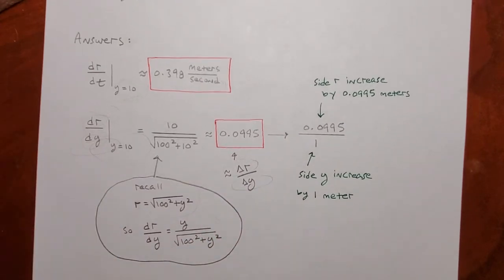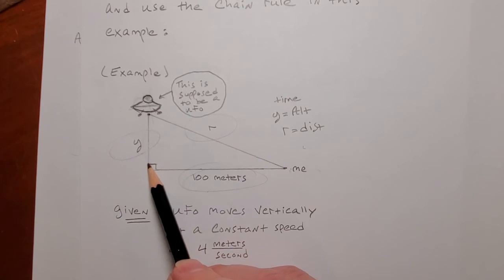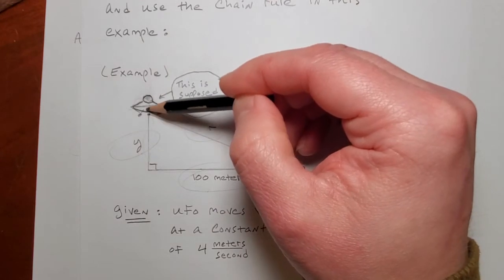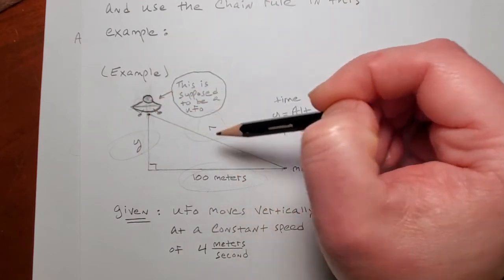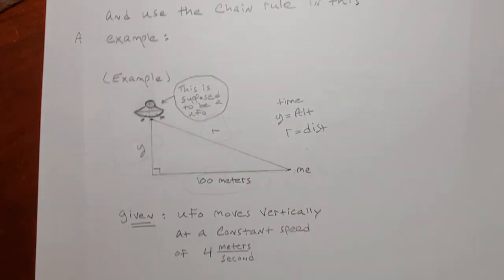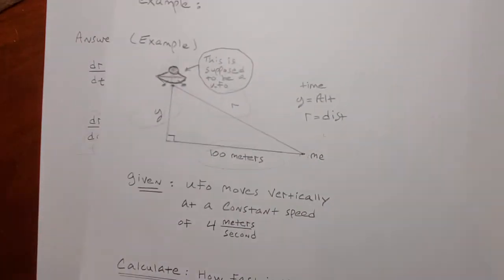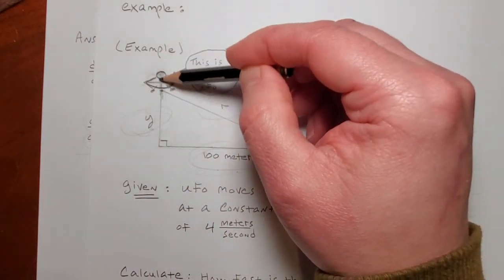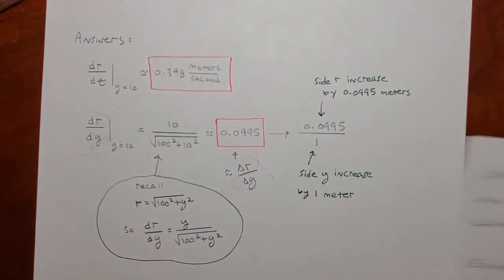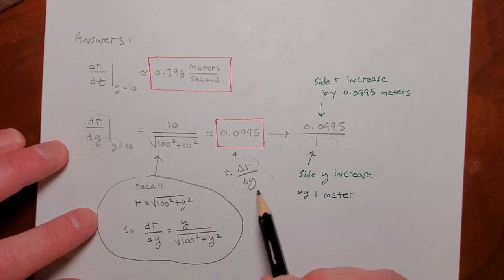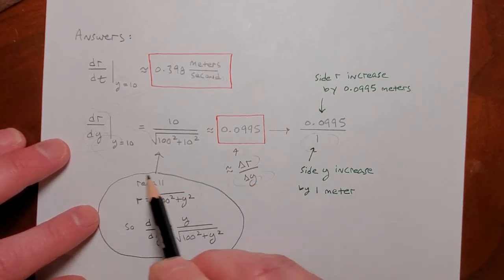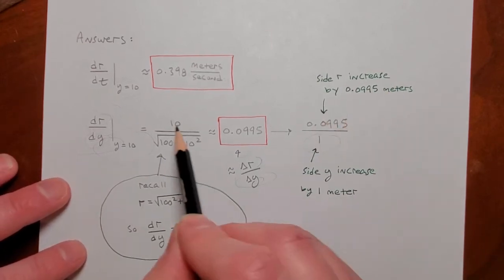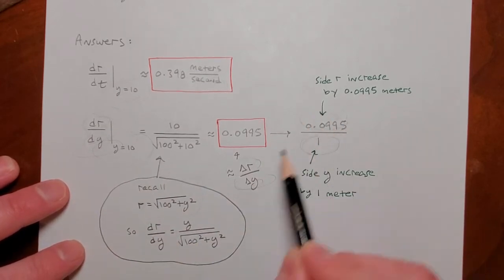So sure, what we're seeing is that when this side of that triangle is significantly shorter than this side, any growth in this side here doesn't seem to affect that one very much. Okay? That's when y is 10. When this side is relatively short compared to that one, any growth here does not cause much there. So like the proportion would be 1 meter in growth on y from 10 would cause 0.09 or so meters of growth in r, which that's a lot less than 1, isn't it?